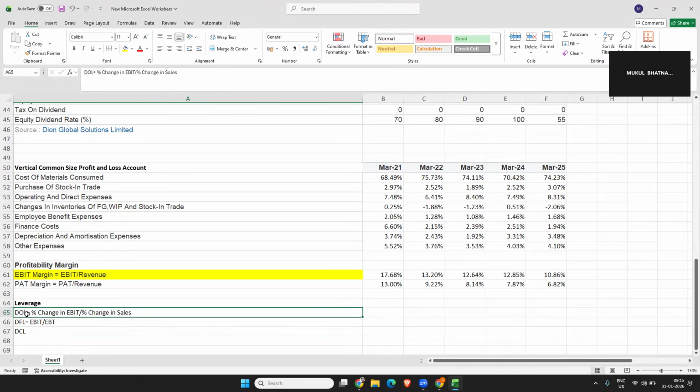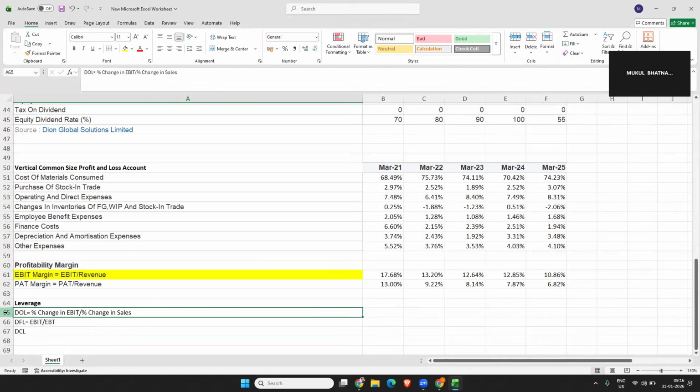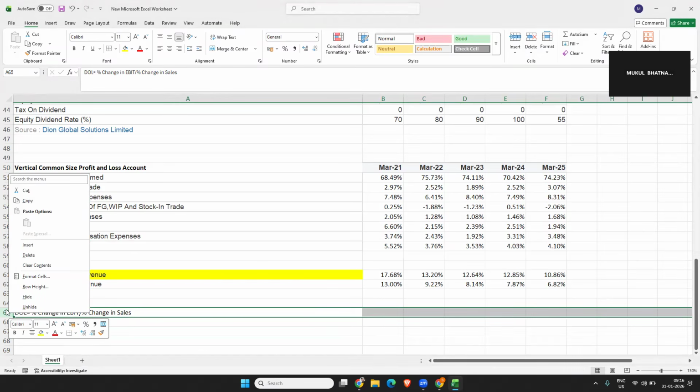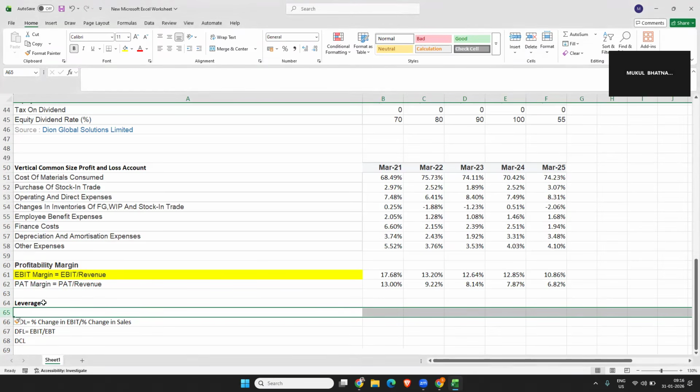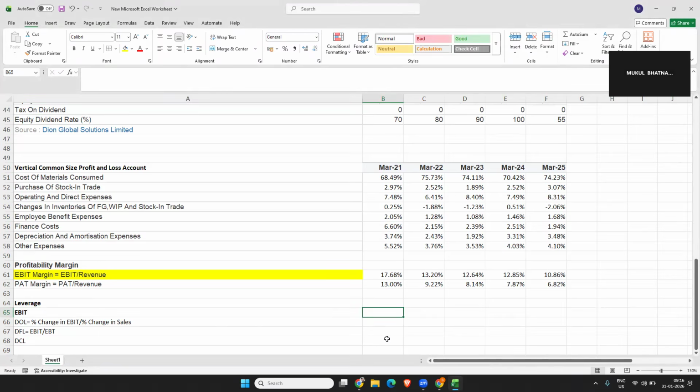So before I proceed, as we know that in this, we have already calculated EBIT. Yes or no in EBIT margin. So just for the sake of simplicity, I'm not making the formula complex. Let me calculate EBIT separately so that it is easy for you to apply it in the formula. So let me first calculate EBIT.